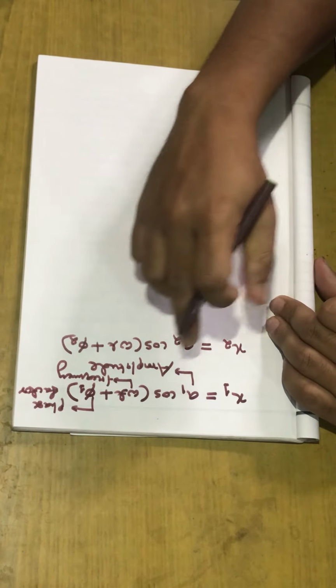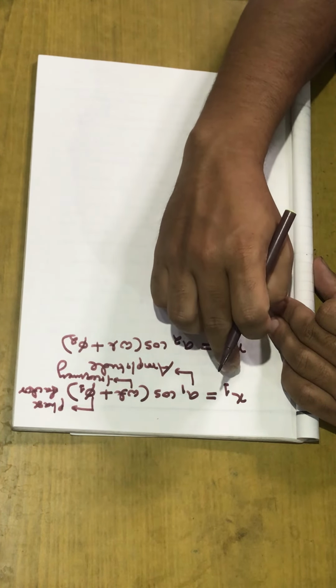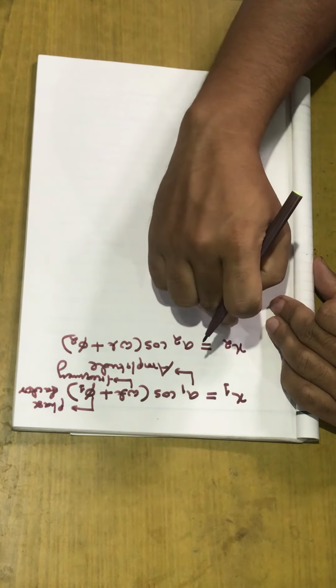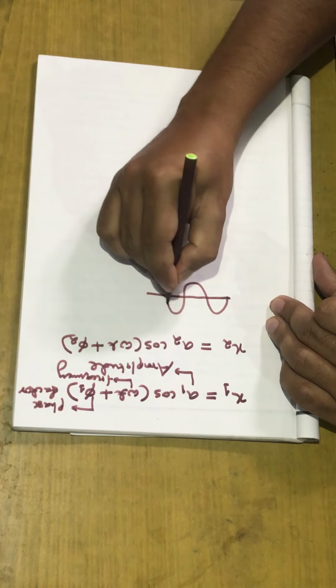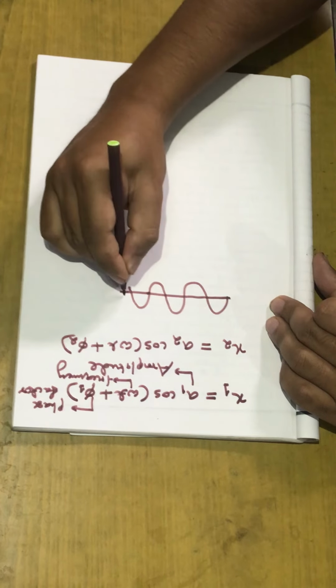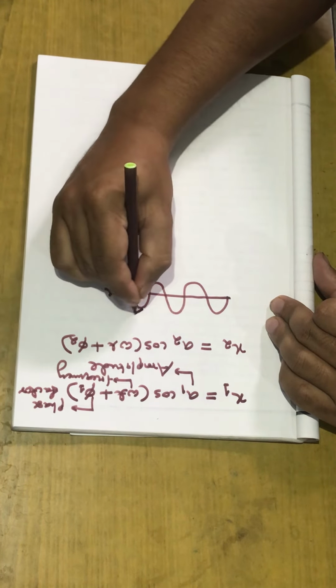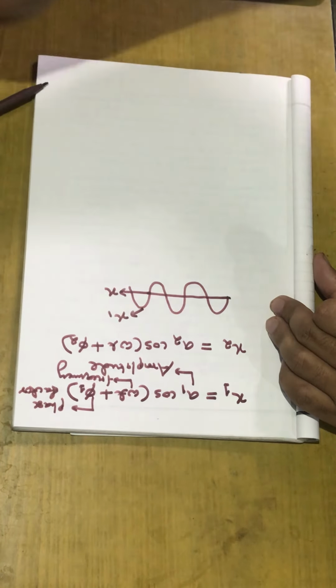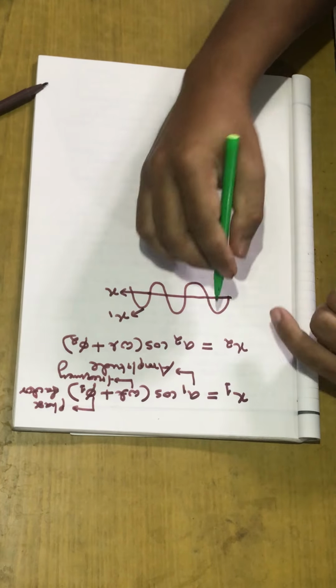Both the oscillations are moving in the x direction because I have given you the displacement in the x direction only. Suppose this is a harmonic oscillation moving in the x direction like this, and this is x1, and say there is another, and this is x2.